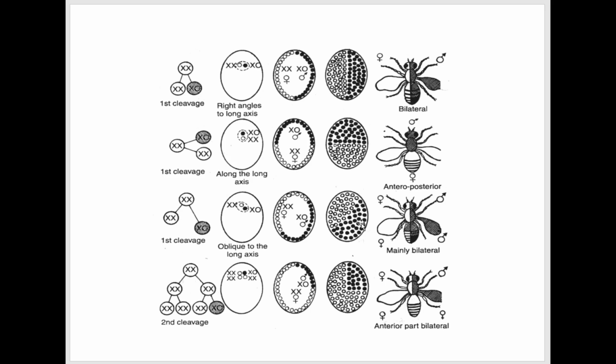Please don't get this confused with the set of autosomes. The set of autosomes is quite normal, like the normal number, that is 3 plus 3. The only variation here is XX chromosomes versus only one X chromosome.